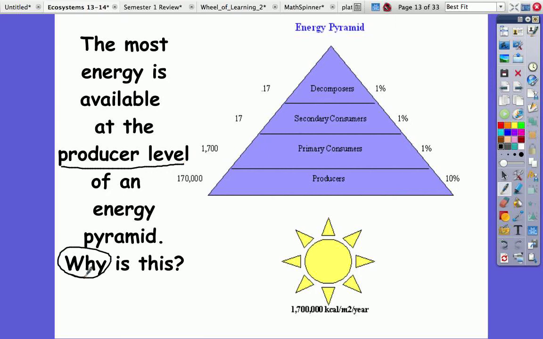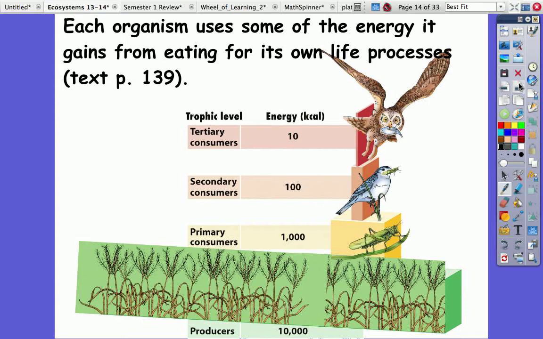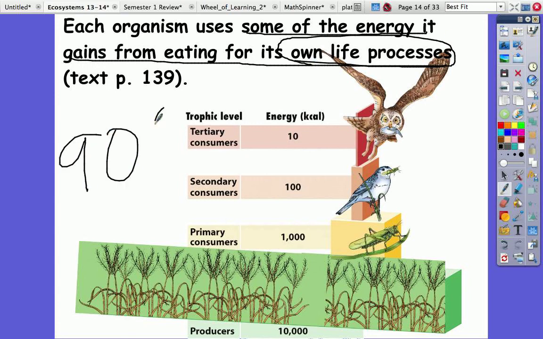Why? Now, as they go through, every organism actually uses some of the energy it gains from eating for its own life processes. This is 90% that it actually uses. However, 10% is stored and able to be passed on.